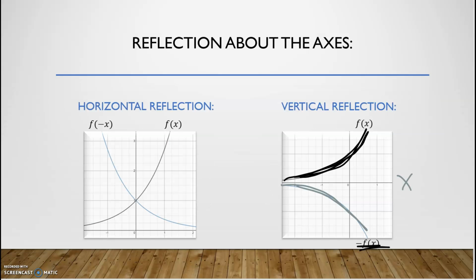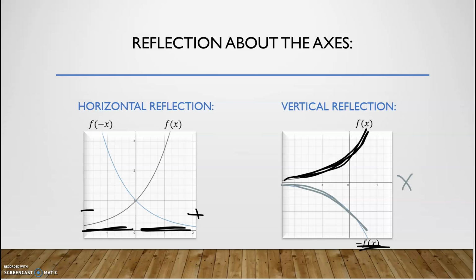Okay, so all of these over here on this side are your positive x values. Over here, this would be your negative x values. So what you're doing is when you have a horizontal reflection, you're changing every single x value you have from the original sign to the opposite sign. So the ones that were positive, well, now they're negative. The ones that were negative, well, now they're positive.